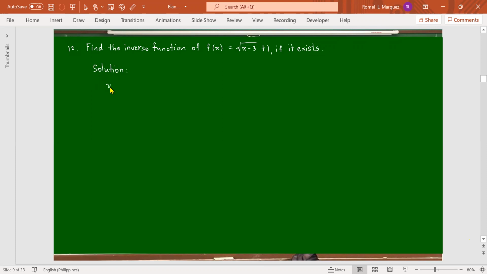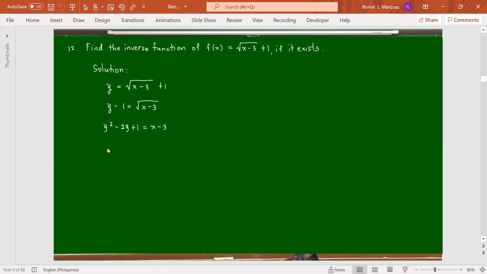So let y be equal to the square root of x minus 3 plus 1. y minus 1 is equal to square root of x minus 3. Squaring both sides, y squared minus 2y plus 1 is equal to x minus 3.